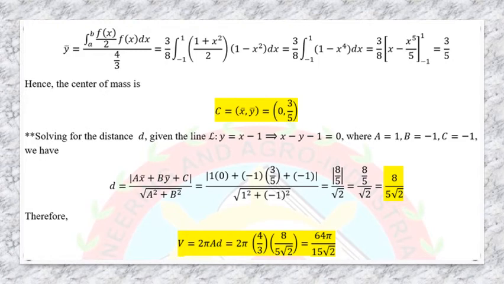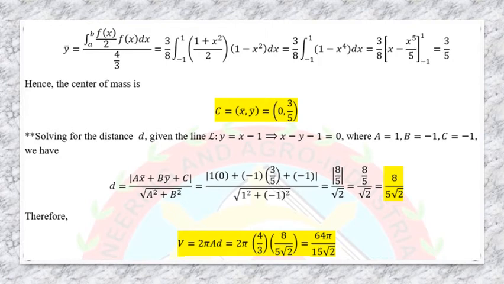Okay, y bar, using this formula, integral of f of x over 2 times f of x dx, evaluated from a to b, divided by the area. Ito yung formula, class, nung sa center of mass of a plane region na ang rectangle is a vertical rectangle.